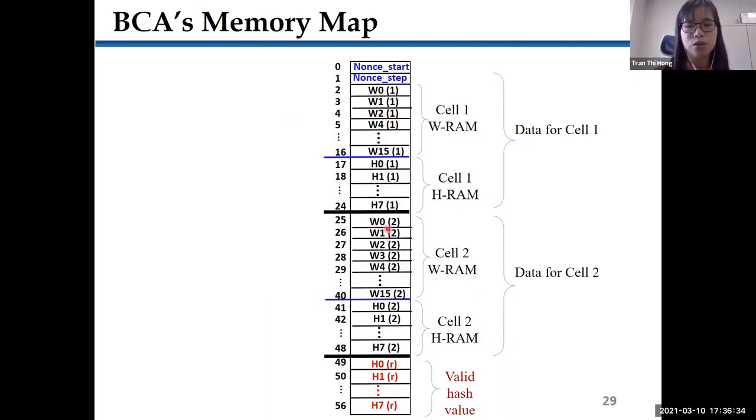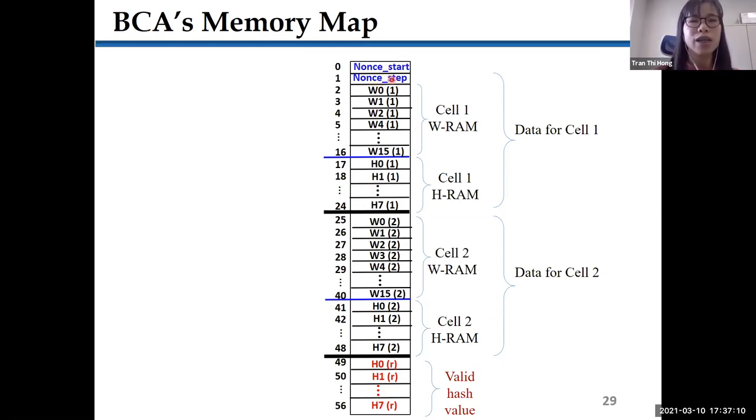And W02 to H72 is equivalent to the input data necessary for calculating the SHA block 3 in the double SHA. And W0, H0 to H7 here is the valid hash value calculated by our accelerator, the result output. The CPU will read this hash value and use it to broadcast to the entire blockchain network.